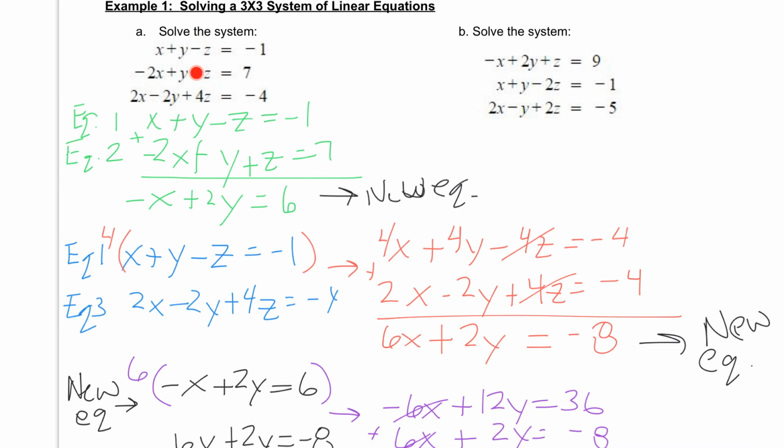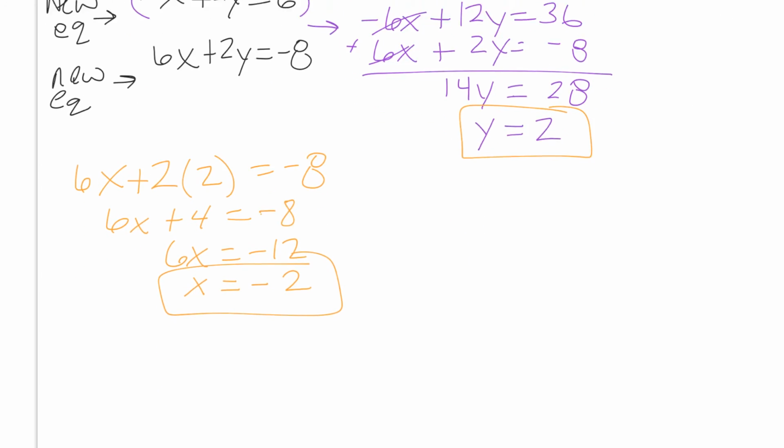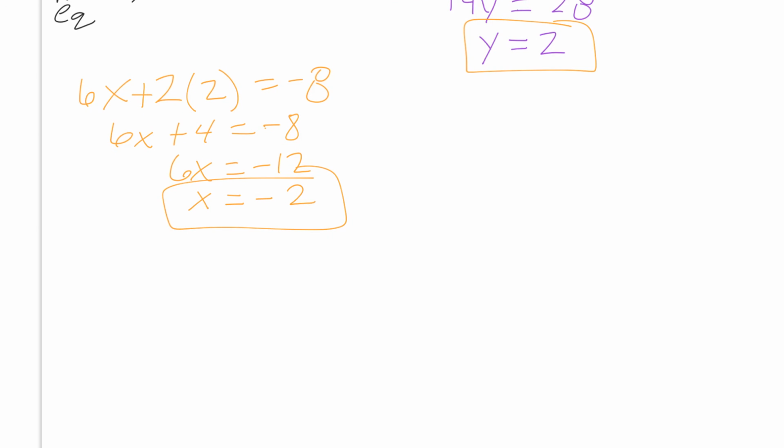X plus y minus z equals negative 1, and I'm going to substitute in there. So if I come down here, now I have this equation, x plus y minus z equal to negative 1. And like I said before, I'm going to take the negative 2 and plug it in for x, and take the positive 2, substitute it in for y. And that looks like this.